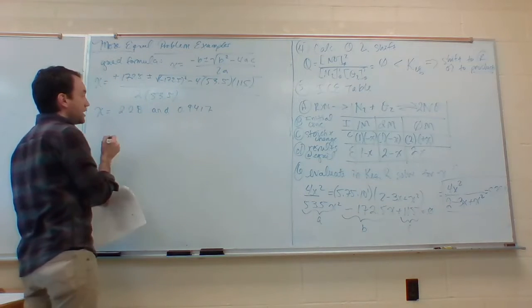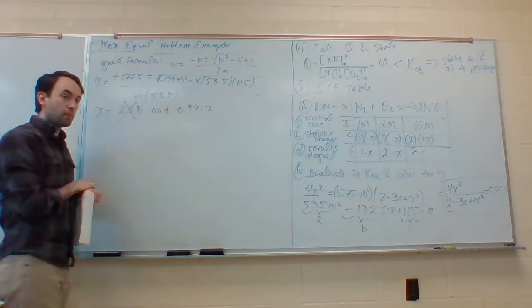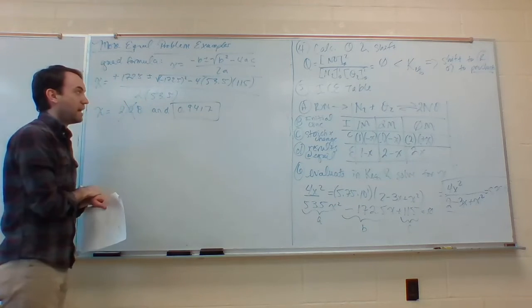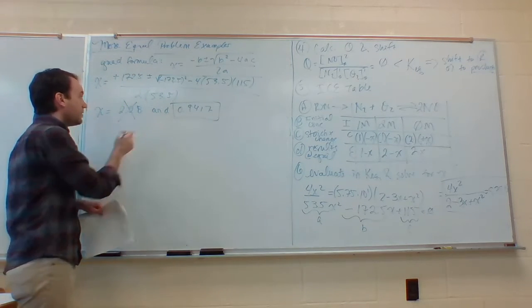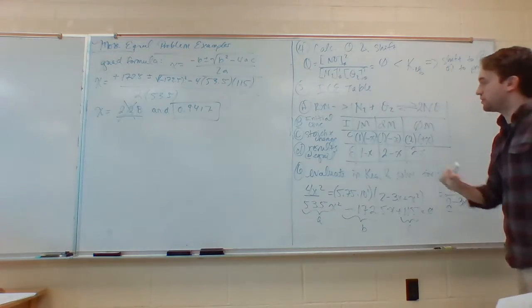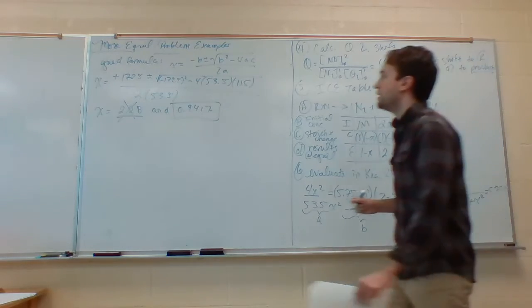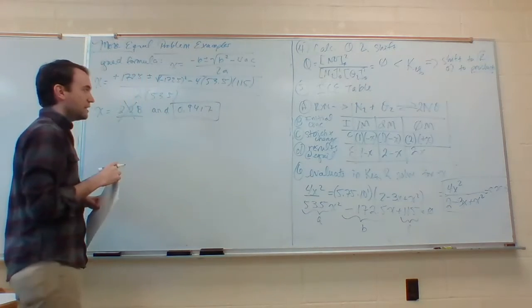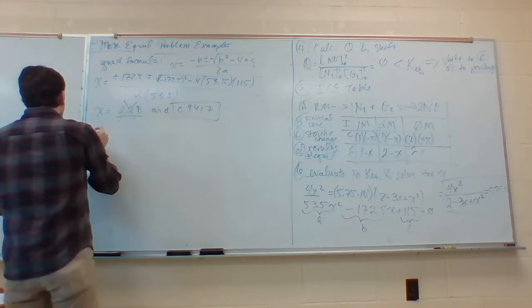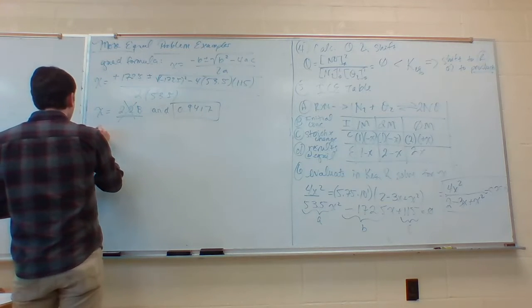So since I can't have a negative concentration, I know that that number is not a valid solution. That means that this must be a valid solution. Again, that's because I can't subtract a number that's bigger than what I have to start with. Okay, now, so that means that my x is 0.9417.